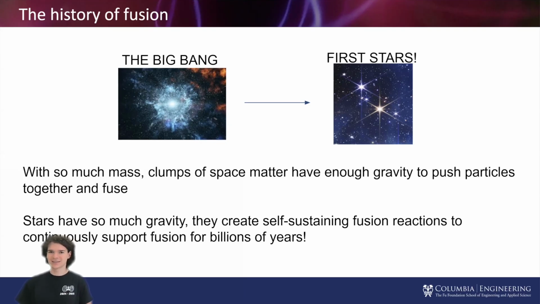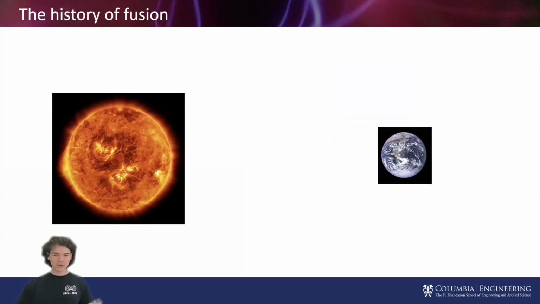Obviously, we can't really do this on Earth. We don't have enough mass to do this. But with the mass of stars, they can create self-sustaining fusion interactions that continually support fusion for billions of years. Stars can live for billions of years and do fusion for that long. So how do we do this on Earth?